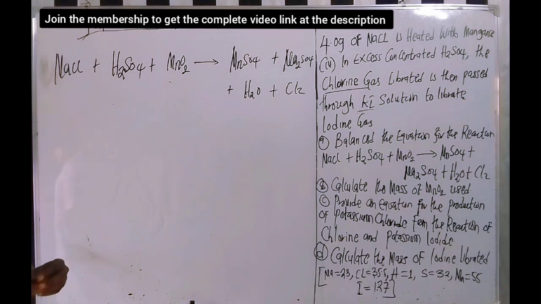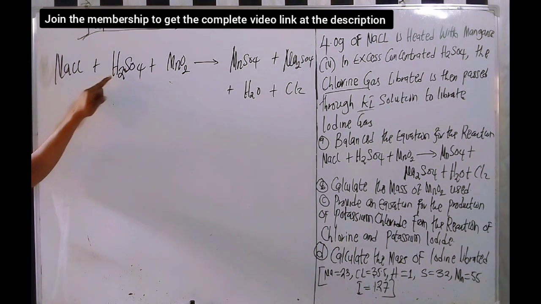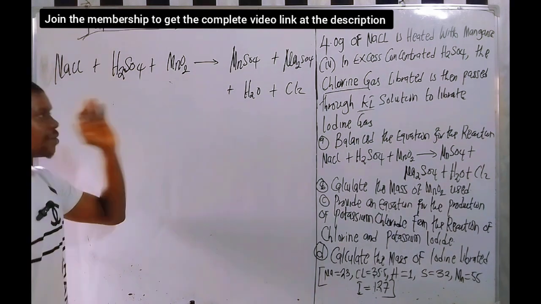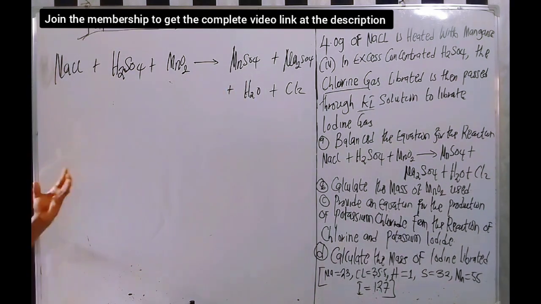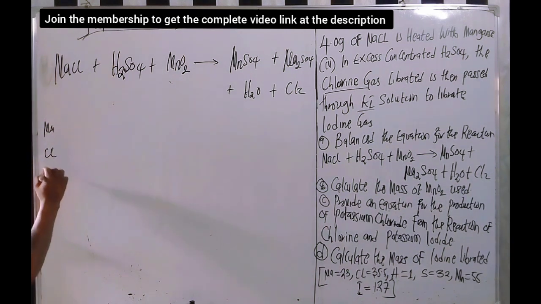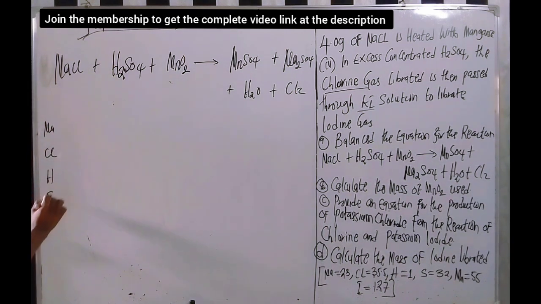So how do we balance the equation? Remember, here we have sodium, chlorine, hydrogen, sulfur, oxygen, and manganese, and the same thing on the product side. So we have to balance sodium, chlorine, hydrogen, sulfur, oxygen, and manganese.